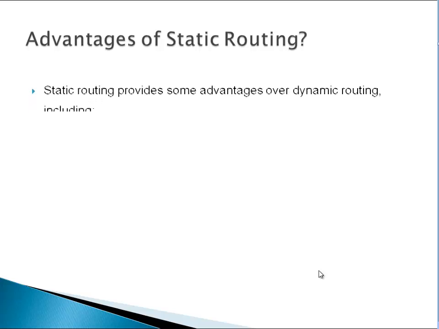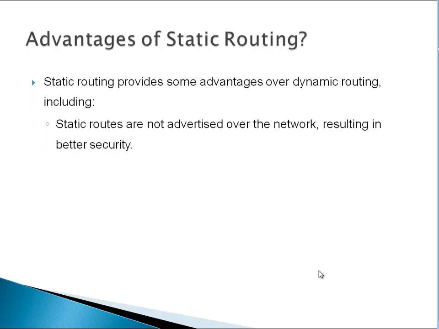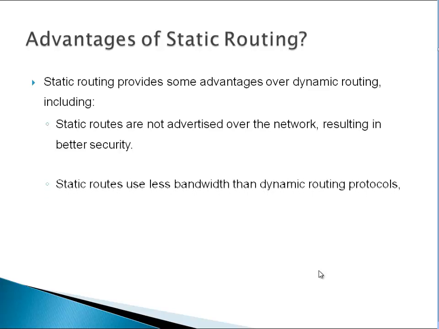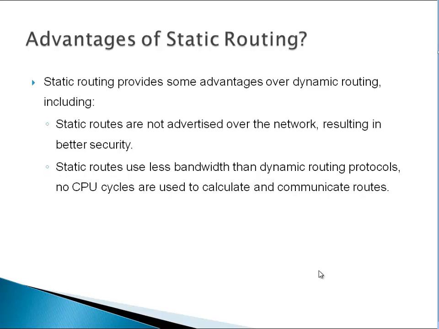The advantages of static routing are that static routes are not advertised over the network, resulting in better security. The second advantage is that static routes use less bandwidth than dynamic routing protocols. No CPU cycles are used to calculate and communicate routes. The third advantage is that the path a static route uses to send data is known.